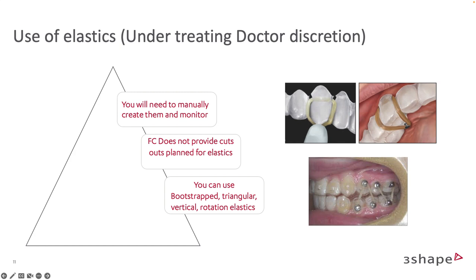Full Contour does not provide cuts or cutouts planned for elastics, and if you are able to create them clinically, you're going to be able to use all the different types of elastics techniques that you know. So bootstrap technique for extrusion, triangular elastics for extrusion, vertical elastics for extrusion, rotation elastics. Even if you're doing AP changes, you can provide class 2 or class 3 ones.